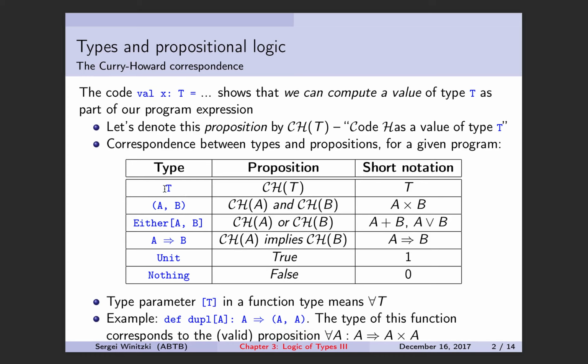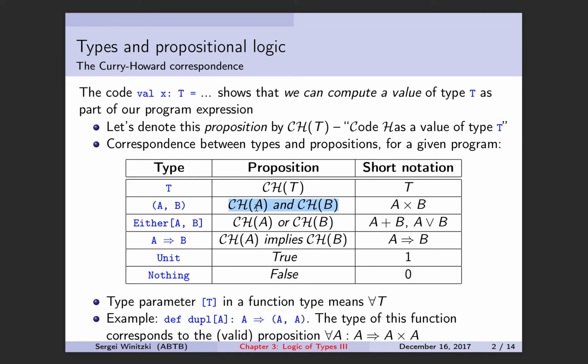We have seen a type parameter, a tuple, a disjunction type, a function type, a unit, and also a nothing type, which is new in this part of chapter 3. And the idea is that each of these type constructions corresponds to a logical proposition that claims that a value of this type can be computed in the code.